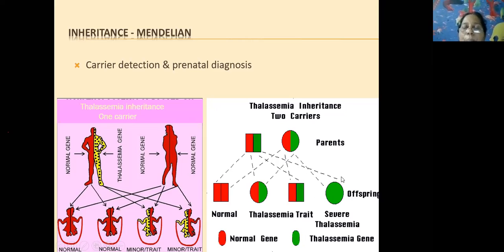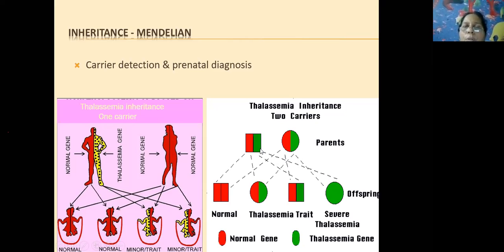Why should we prevent these children? Because morbidity, mortality, economic strain, all this is very high with these children. They don't live up to teenage, and they are transfusion dependent and they suffer a lot.